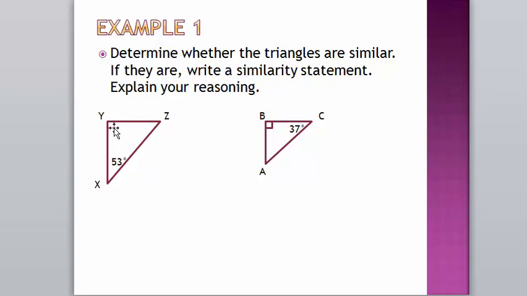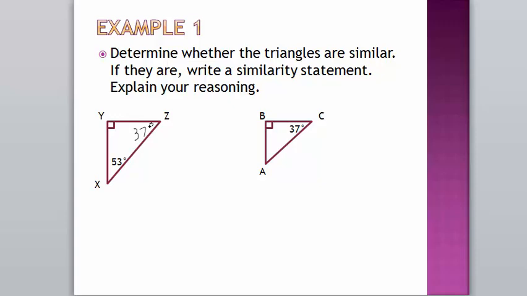This is 53, this is 90. The three interior angles of a triangle have to add up to 180. So, 180 minus 90 is 90. 90 minus 53 leaves us with 37 degrees. So, 37 degrees, 90, 90. Do we have two pairs of congruent angles? Yes, we do.